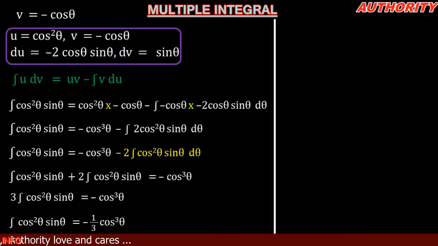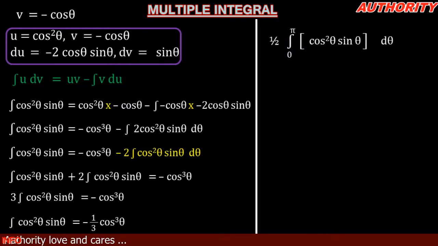Then our integral is 1 all over 2, the integral over the range 0 to pi of cos squared theta sine theta d theta. We take the 1 over 2 outside as a constant. When we integrated cos squared theta sine theta, it gave us minus 1 over 3 cos cube theta over the range 0 to pi.